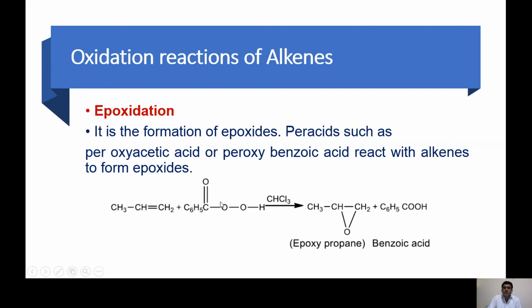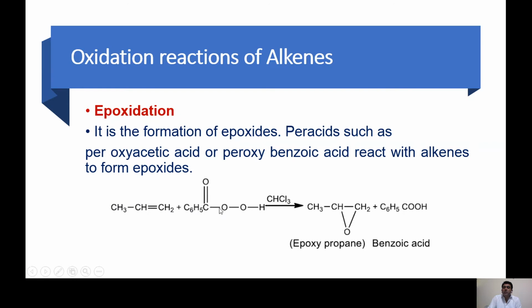But if we have an additional oxygen, that is called perbenzoic acid. It means this is a source of oxygen. Similarly, we have peroxyacetic acid: if this is CH3, we have one additional oxygen. It is called a peroxyacid, either peroxybenzoic acid if this is the benzene ring, or peroxyacetic acid if this is CH3.